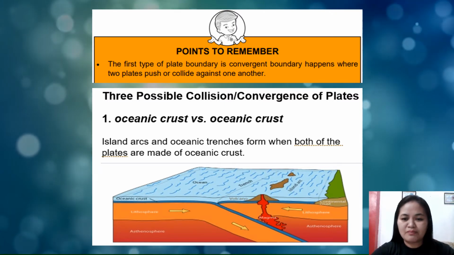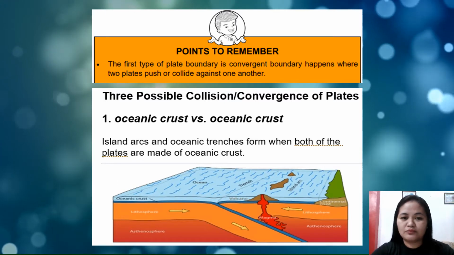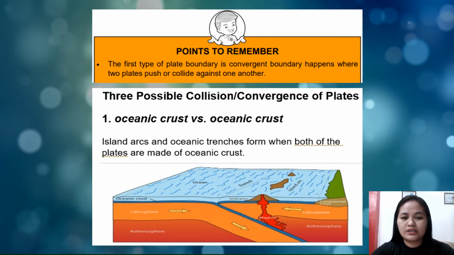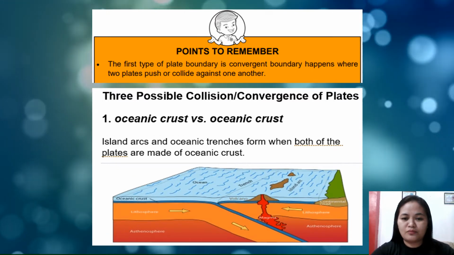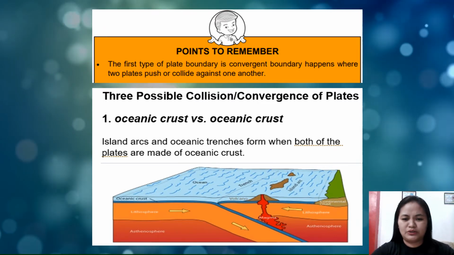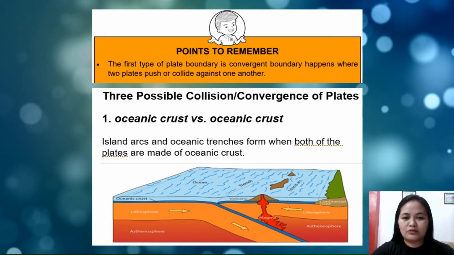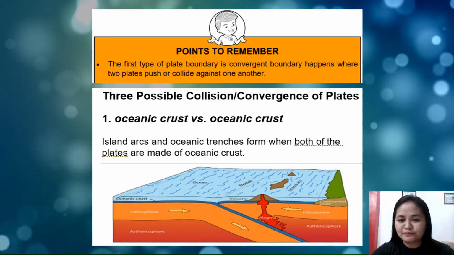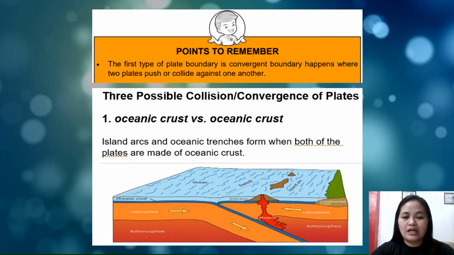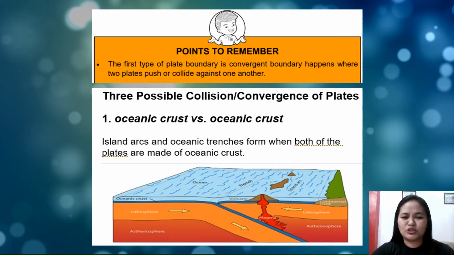Alright, so always remember that whenever oceanic crust is involved in a collision or convergence, there is always magma being formed under because of the process of subduction. In Filipino, basta kasali ang oceanic crust sa banggaan or pagsasalubong ng lupa, laging may subduction na nangyayari. Ano yung subduction, guys?